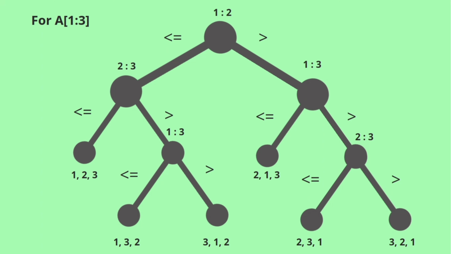In this example, for a path, say greater than, elements will always obey the rule that x of i is greater than x of j. Here, as you can see on the highlighted path, x of i will always be greater than x of j for all instances on the path.